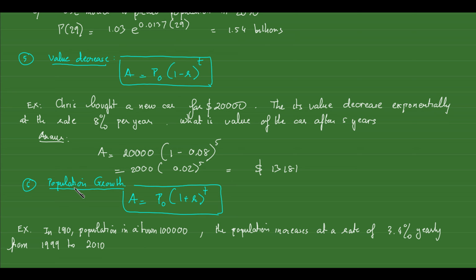Okay. So part A. Let P(t) represent the population in the town after 1910.